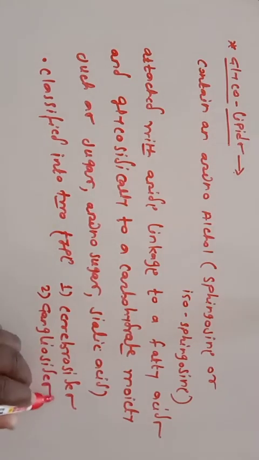So you should remember this point. These glycolipids are classified into two types: one is cerebrosides and second is gangliosides. Let us discuss first the cerebrosides and then the gangliosides.